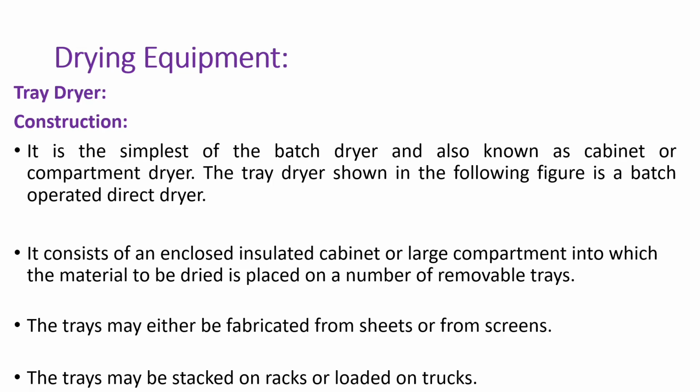So it can be made of sheets or from screens. And as we said, trays are stacked or loaded on trucks. Then we're having air inlet and outlet to allow hot air to enter and moist air to leave.